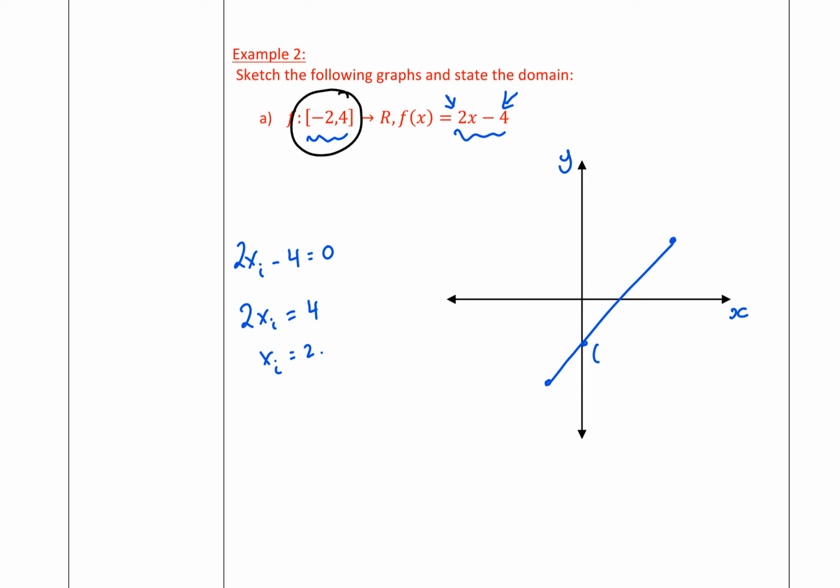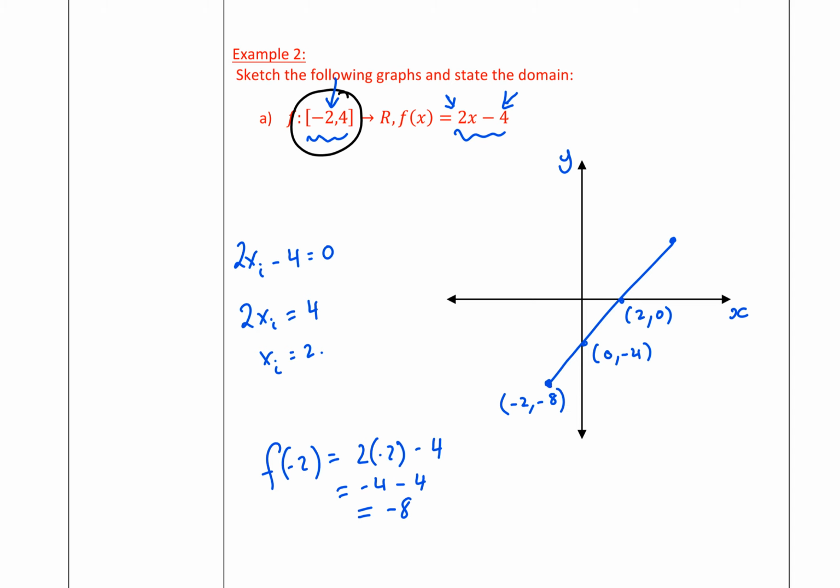So we know that we had 0, negative 4 and 2, 0. Because we have an inclusive negative 2, we should find f of negative 2, which is 2 times negative 2 minus 4, minus 4, take away another 4, which is negative 8. So my endpoint is negative 2, negative 8.